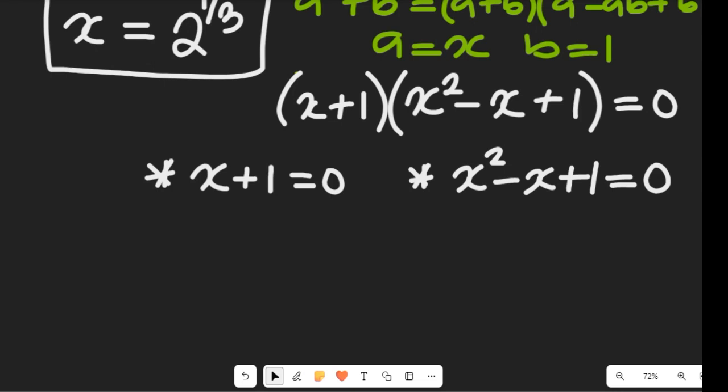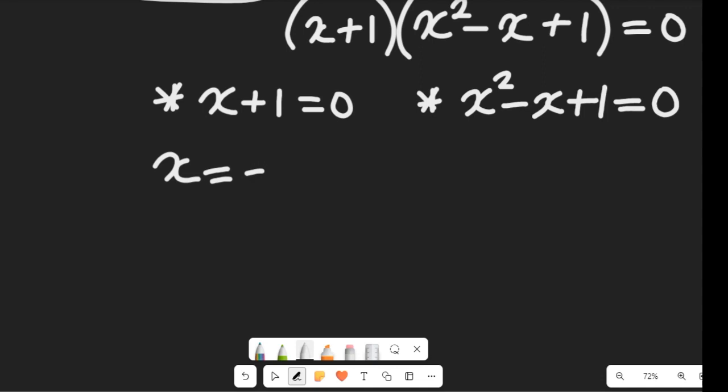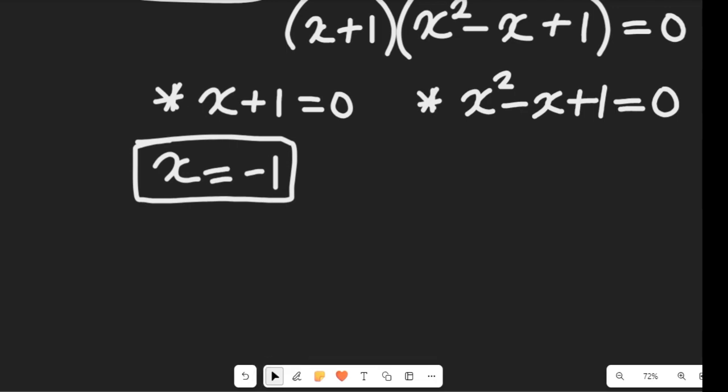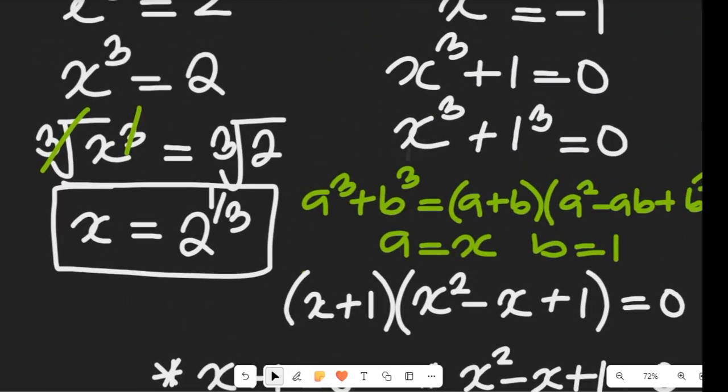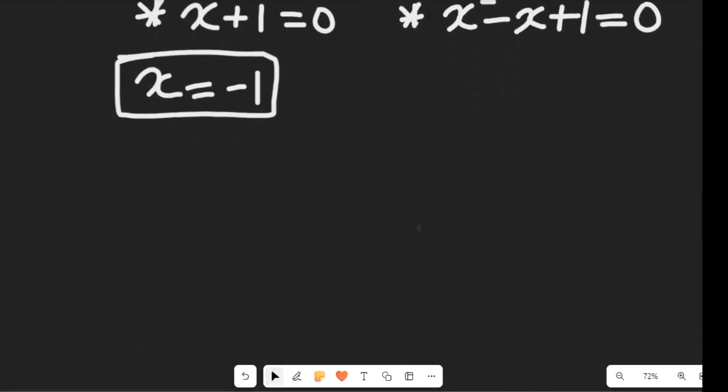Simplify these two expressions, we might most likely have another value for x. Let's see. From here, we'll see that x is equal to negative 1, which is also a solution. And if we check that, it is exactly one of the solutions we're going to have for the value of x.